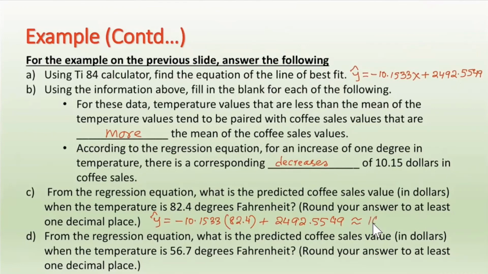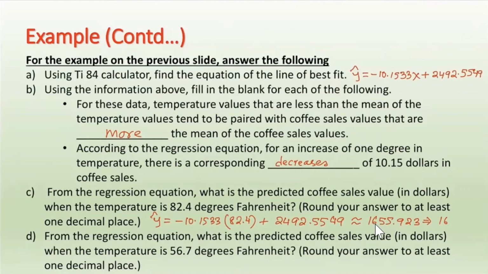I got 1655.923. But here we are asked to round our answer to 1 decimal place. If you round this to 1 decimal place, you can see you have 5, 5, then 9, so when you round it, it will go to a bigger number.